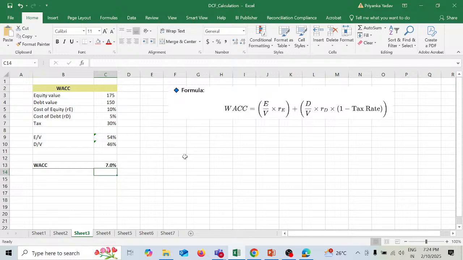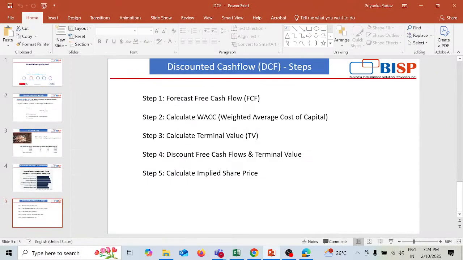Now next, let's see what is there. We have calculated free cash flow and we have calculated WACC. Now we have to calculate the terminal value. In businesses, we don't stop after the forecast period.